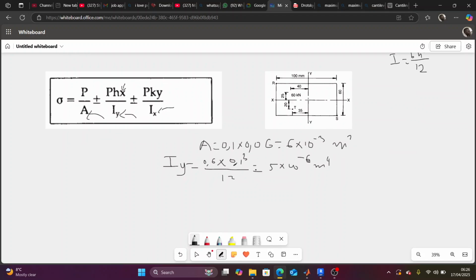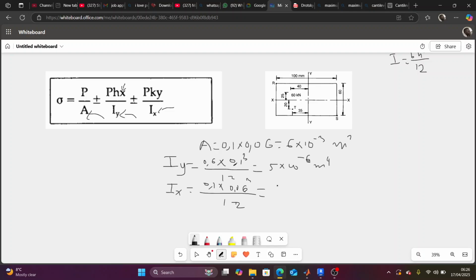Okay, now again we look for I_x. Because we are looking at I_x passing through the center of gravity here, in this case our base is 100 and the height is 60. So we're going to have 0.1 times 0.06 cubed, everything divided by 12. What is the answer when we do that?